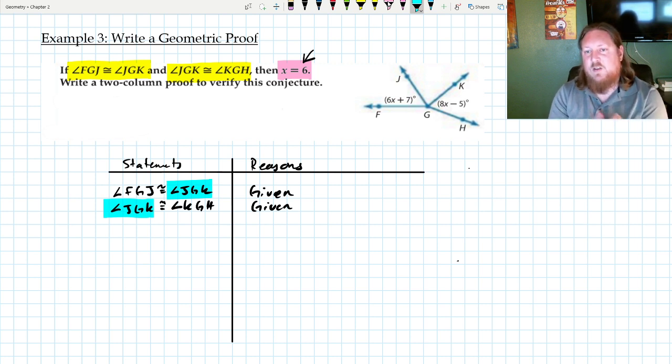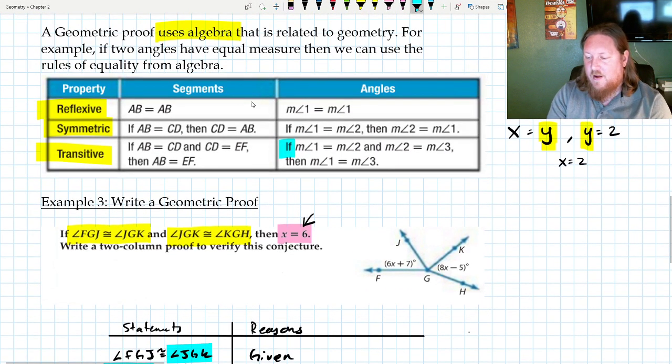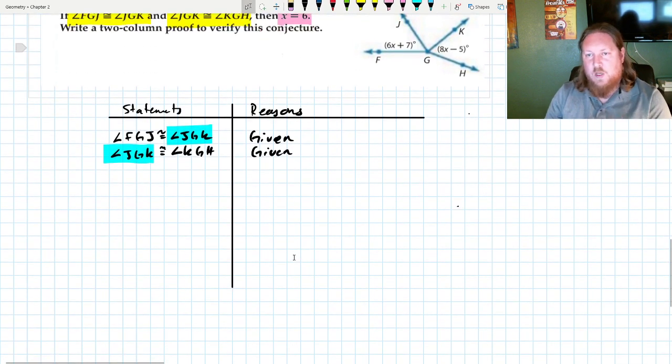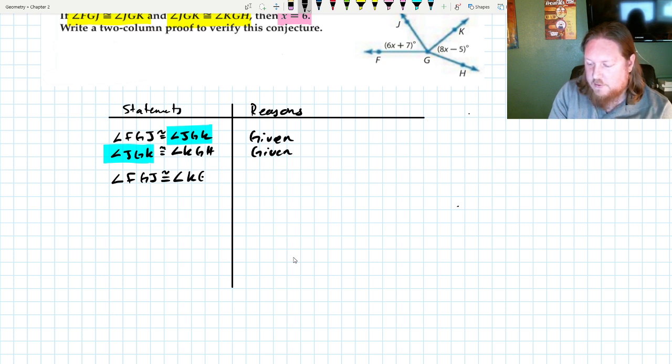And since they do, and one's at the end and one's at the beginning, we can use that transitive property of angles. So, transitive property of angles. I get to skip over the angle JGK. FGJ is congruent to angle KGH, and that is the transitive property.